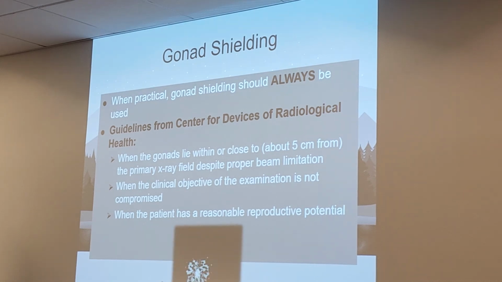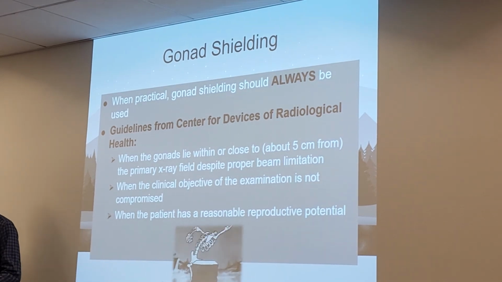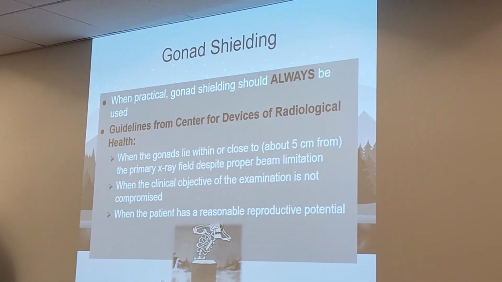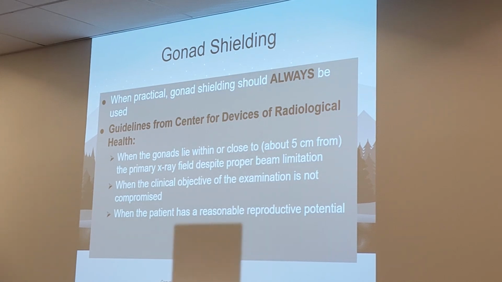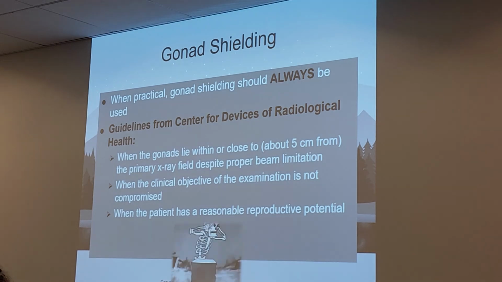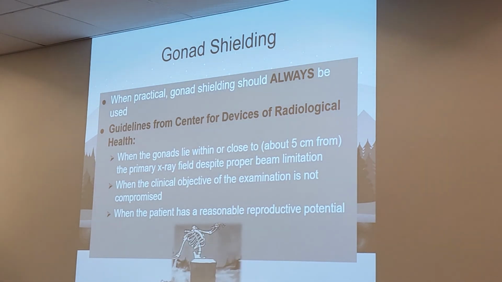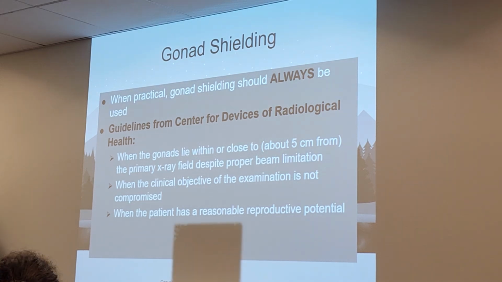So if you feel that it's going to be impractical, then it's much easier to decide not to shield in that case. Yes? At what age is that? So that depends on your patient, but generally somewhere between 45 to 55 years old. So just ask the patient and they'll let you know if they are postmenopause.